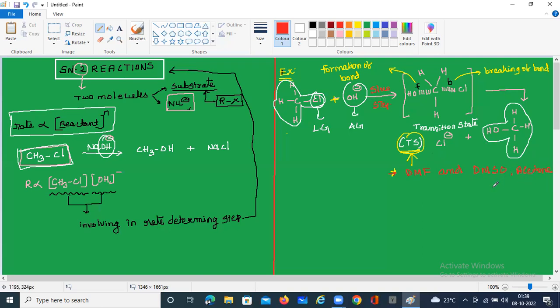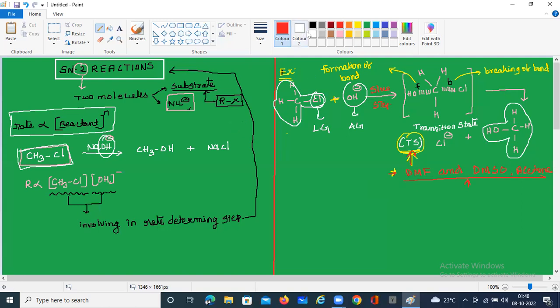These solvents favor the formation of the transition state by the slow step when the substrate and nucleophile combine. This type of solvent should be polar aprotic.